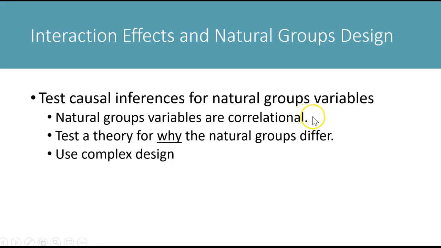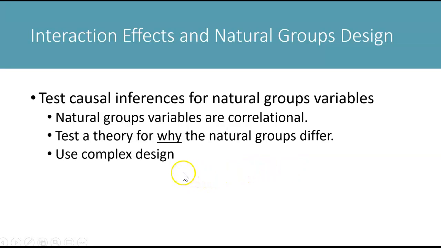Now, as a practical matter, we tend to talk about these kinds of differences in terms of at least the theoretical possibility of cause and effect. But when your authors use this phrase, these variables are correlational, that's what they mean. They mean that you need to put the brakes on before you make a causal conclusion about differences between these groups.